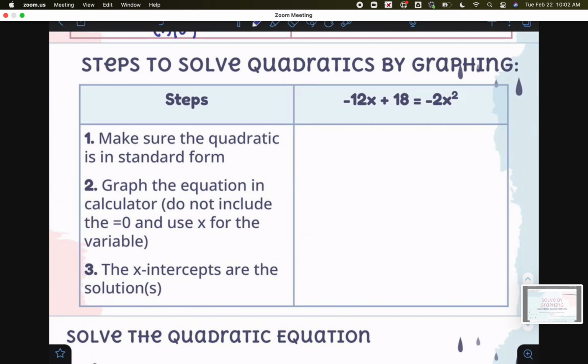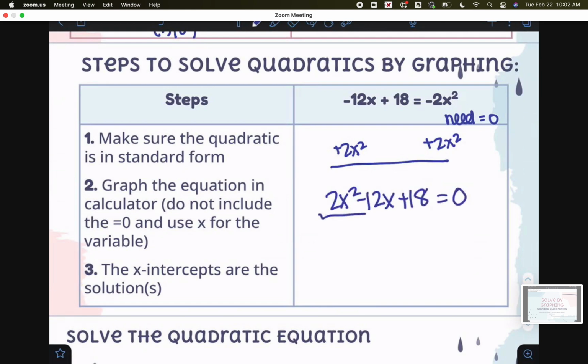Now, we need it to equal 0. So we're going to have to use inverse operations to get it equal to 0, which would give us 2x squared minus 12x plus 18 equals 0. Now that it equals 0, we can either type this into our calculator, type that into Desmos, or type y equals that into Desmos.